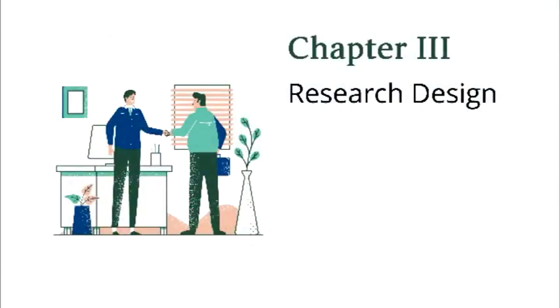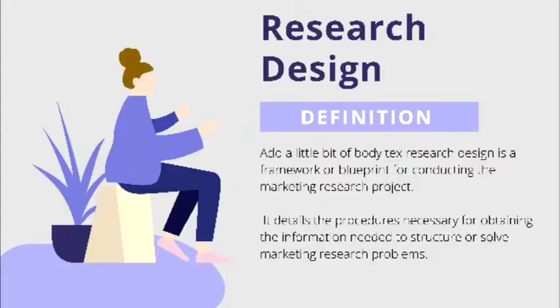Chapter 3 about research design. Definition. A research design is a framework or blueprint for conducting the marketing research project. It details the procedures necessary for obtaining the information needed to structure or solve marketing research problems. Okay, next. Classification.